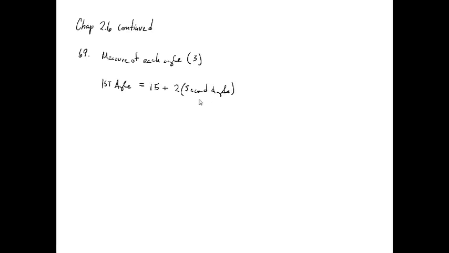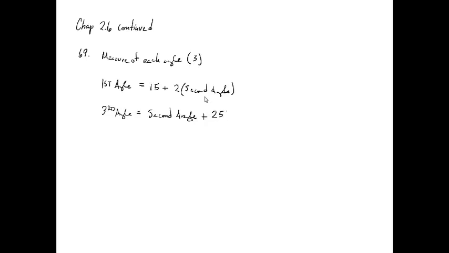I scribble, I'm sorry. But you can read it if you're listening to me. The measure of the third angle exceeds that of the second angle by 25 degrees. So the third angle is equal to the second angle plus 25 degrees.